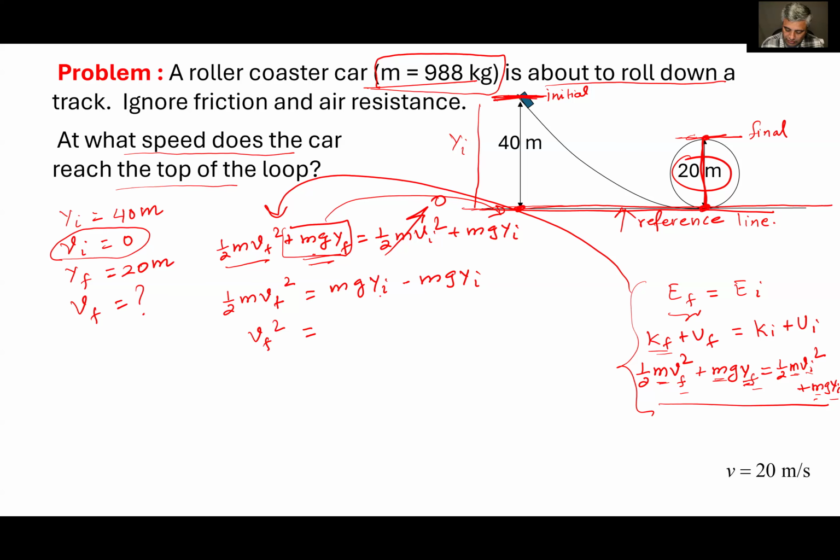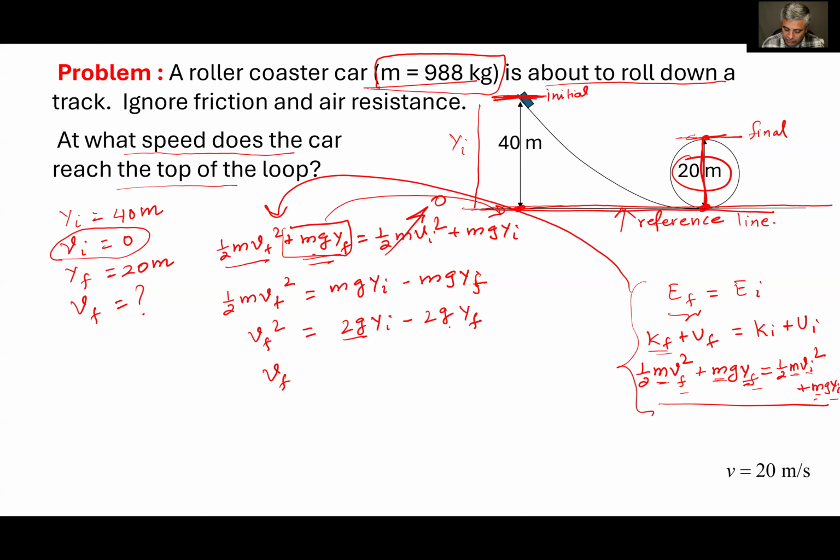So 2, let's move this 2 to the other side. So 2 g yi, and since we have to multiply both terms here, 2 g yi, and this is yf, isn't it? Yes, this is yf. Okay. So now vf is the square root of these.